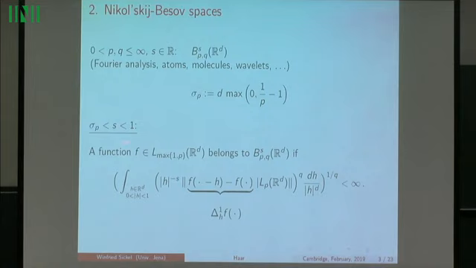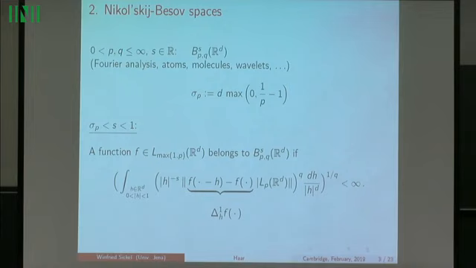Besov spaces we have seen yesterday in the talk of Yuri Malykhin. And here I pick up the same idea to start with differences. Of course, you can introduce Besov spaces in different ways: Fourier analysis, atoms, molecules, wavelets, etc. There are many of those. So this abbreviation sigma p will play a role during my talk.